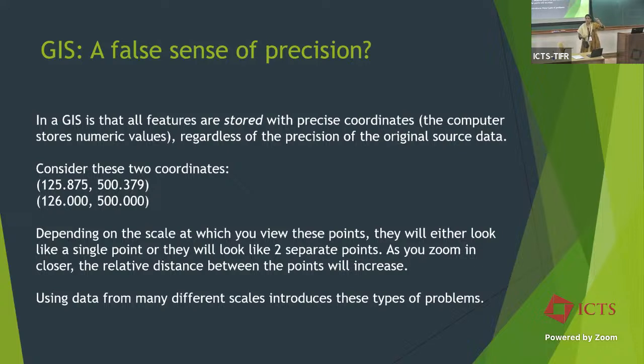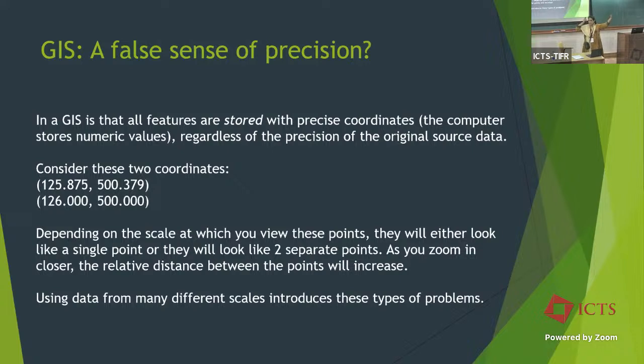Say you have two maps, and here you have two coordinates, and one is more precise than the other. But in the GIS, you'll see the point in the same place, right? So this sometimes gets lost. When you bring in many data sets from many different sources, sometimes we don't think about how that data was generated.